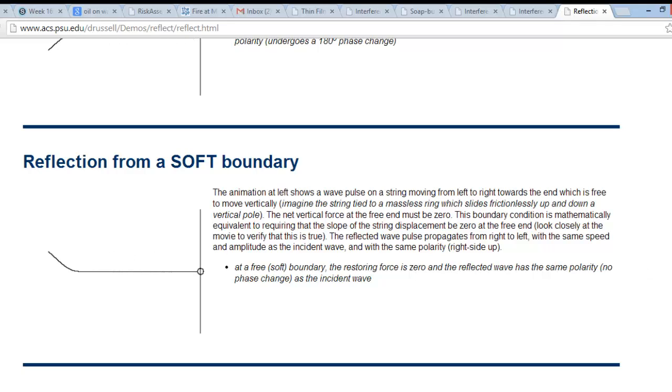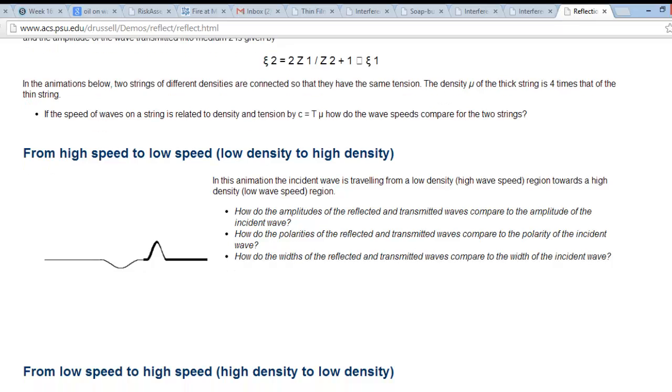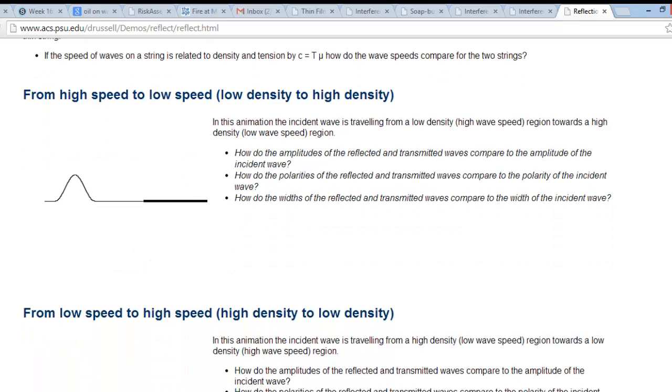And what we actually think about is not these types of boundaries, but what actually happens when you're going through various materials. So, for example, if you go from a high speed to a low speed material, so let's look at what happens when a wave is going into a different medium.